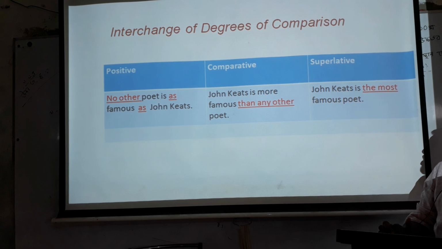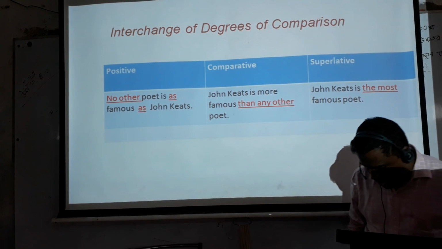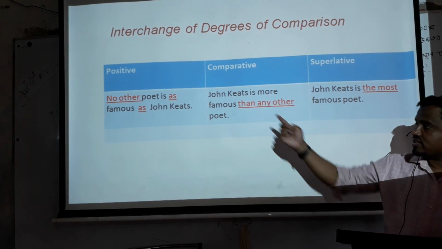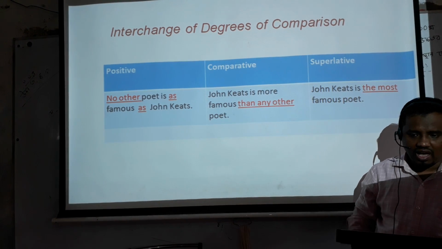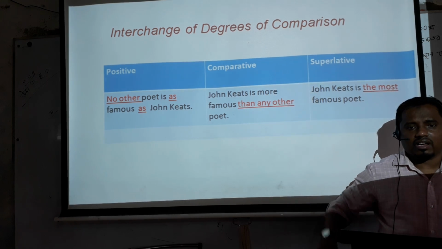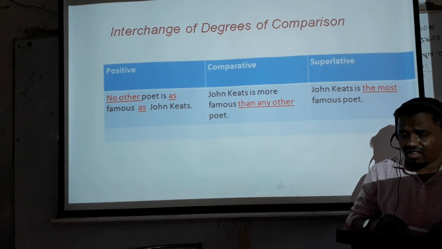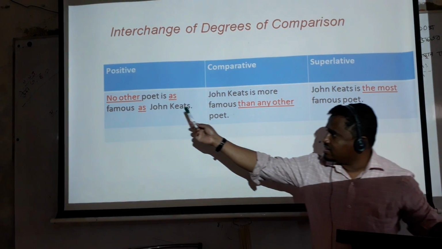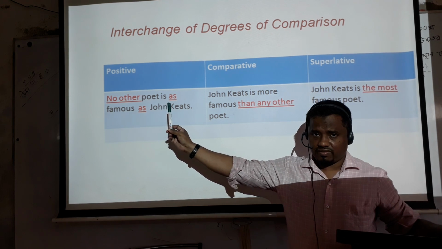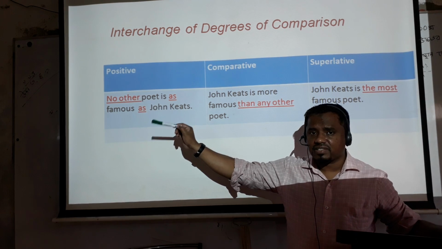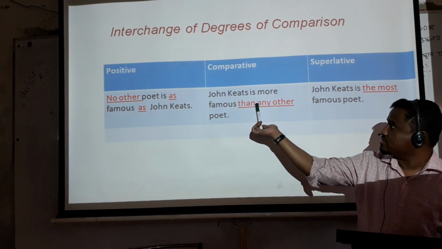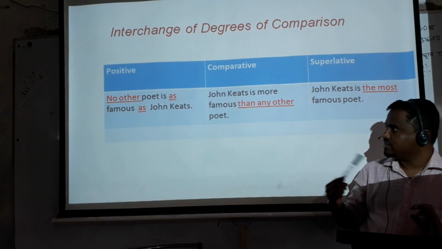Now, interchange of degrees of comparison. Look at the first box. This is positive, comparative, and superlative. And I will ask all of you to notice the red colored words and put emphasis on those also.